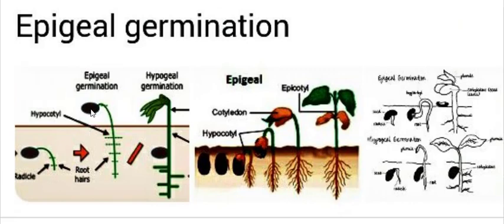The seed starts to germinate when it is present above the ground, and this germination is known as epigeal germination, which is opposite to the hypogeal germination, in which the seed germinates underground.